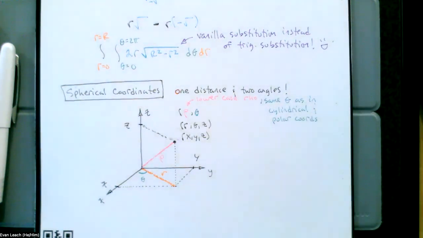Our theta, our middle coordinate, is going to be the same theta that we use in cylindrical and polar coordinates. It's going to be measured from the positive x-axis to the point directly underneath the point that we're looking at on the xy plane, or on the r theta plane, I should say, since we're using theta.